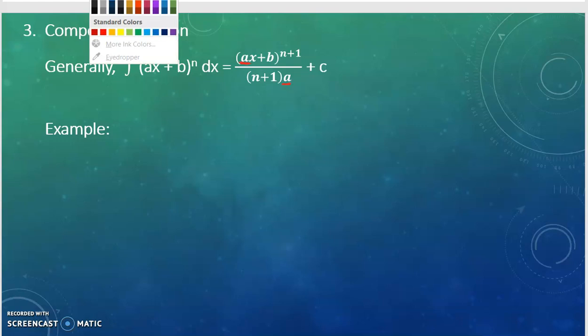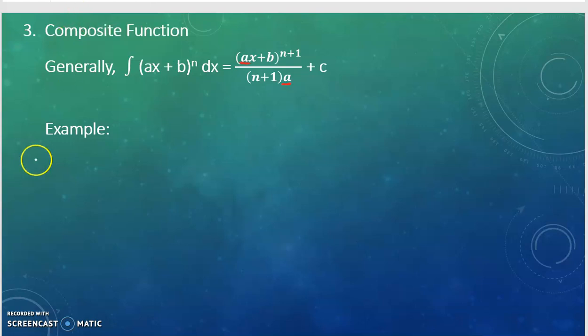Let's look at some examples. Number 1, integrate (x + 3) to the power of 5 with respect to x. It is impossible to expand (x + 3) five times, so we are going to use this formula.